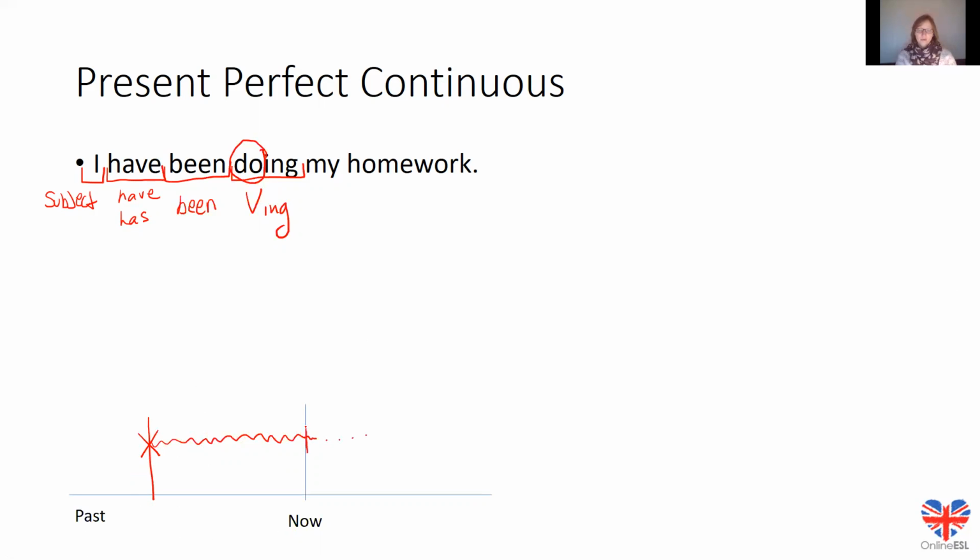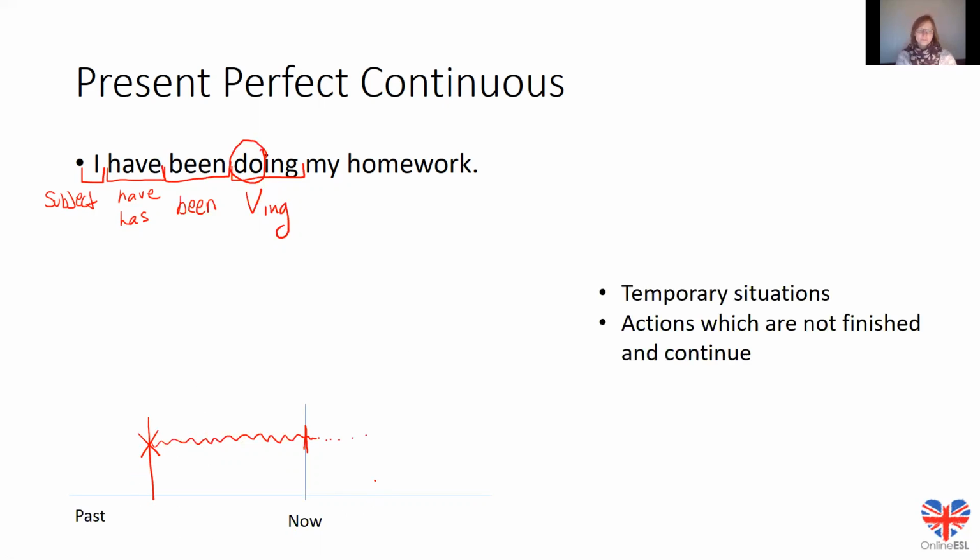I've got to now, and I've still not finished. So I have been doing my homework. So we can use this to talk about temporary situations, and we can use this to talk about actions which are not finished and continuing.